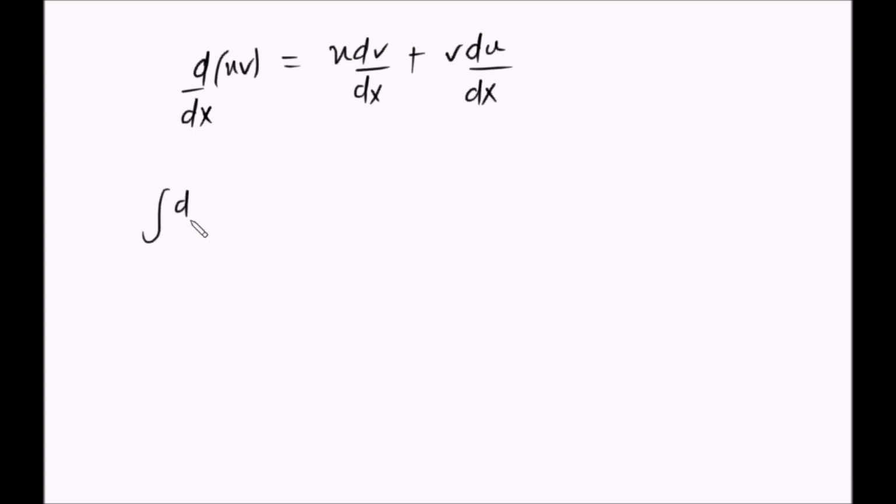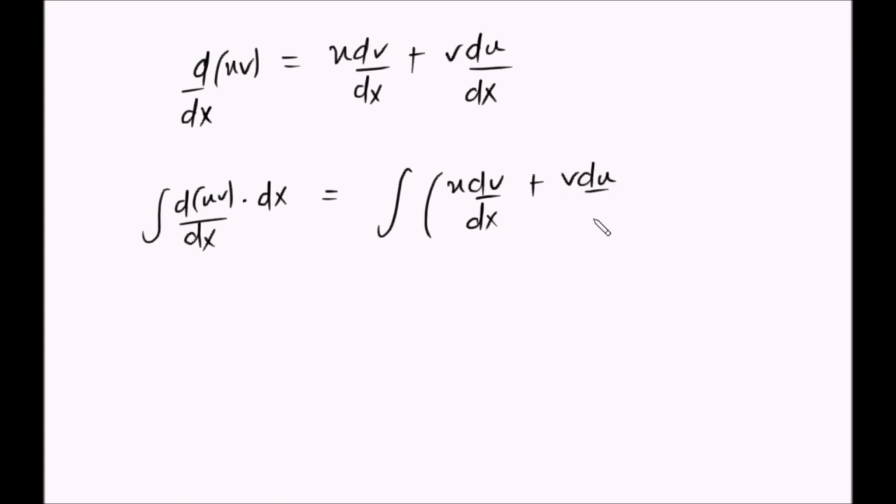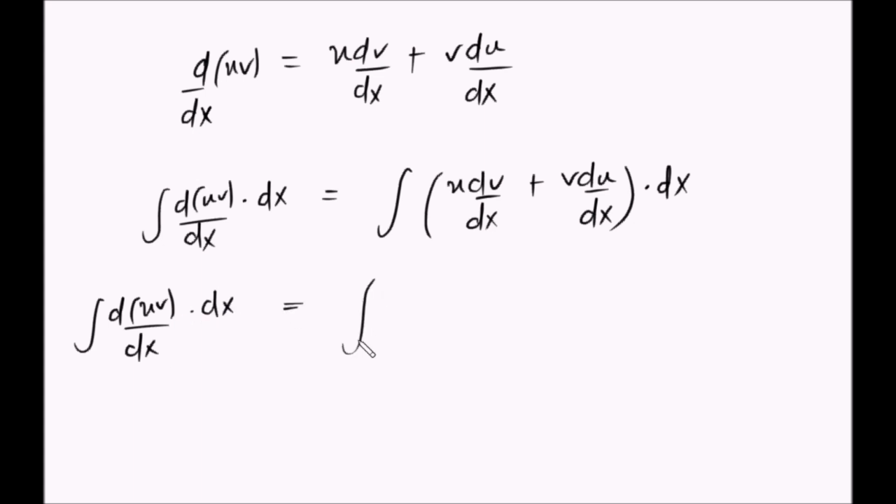So I'm going to integrate both sides with respect to x. Now here too I will integrate with respect to x. And so it will be like this. Here I can integrate one by one, starting with this one first, then plus integrating this one.